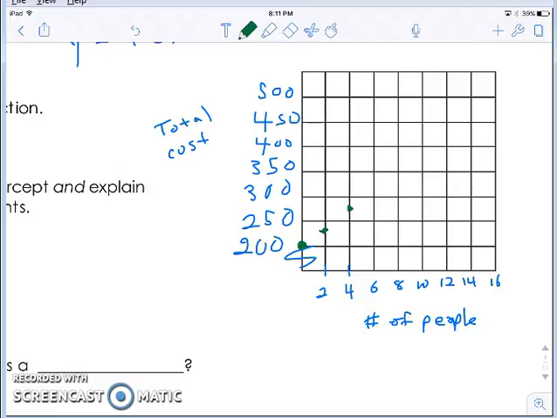So 2 more people, and when we add 10 people, we're going to add $180, so that would be $380. We can estimate where that is. That's pretty well in line with mine. And we can now connect this line out.